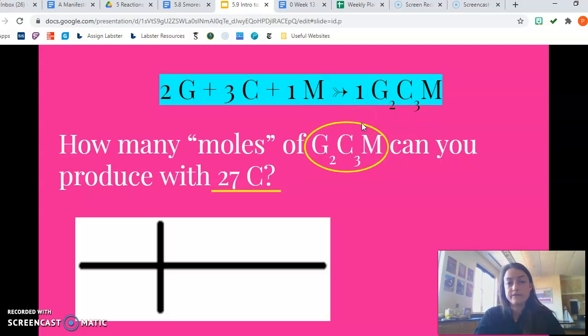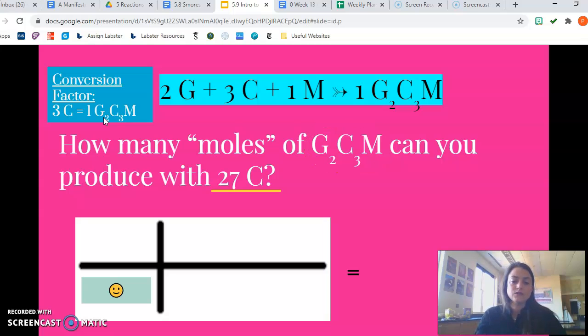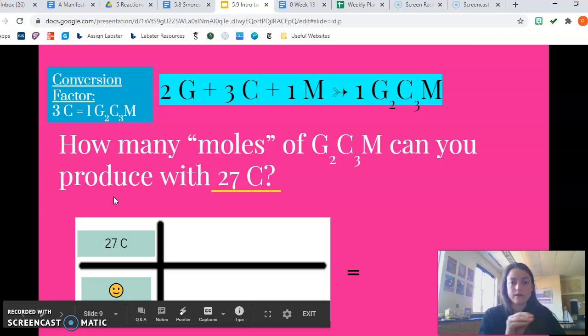We're going to set up a conversion factor between those 2 things, and our conversion factor is going to use the coefficients from the actual chemical equation. Here's our conversion factor in the upper left: 3 pieces of chocolate is going to give us 1 s'more. There's our conversion between chocolate and s'mores. Then we're going to set up our t-chart just like we have been doing. We're going to put our smiley face in the lower left, and we're always going to put what we're given in the upper left. That's our starting point.